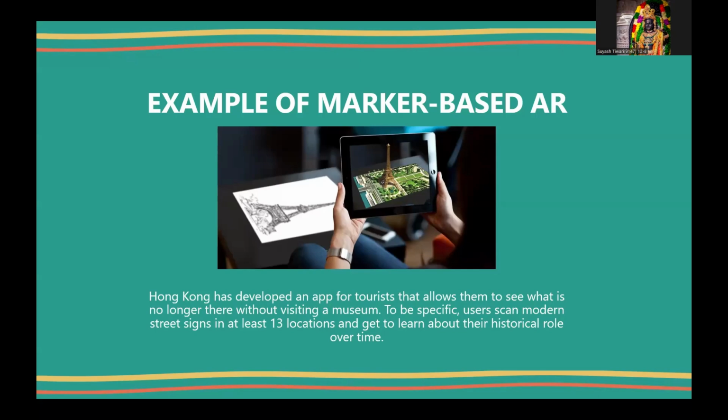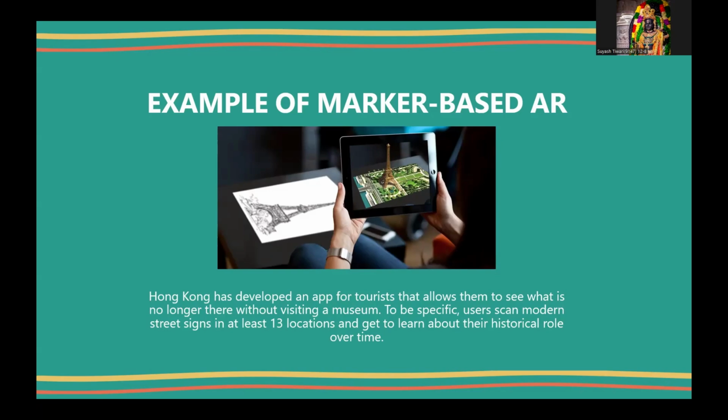With the help of that 3D model, the person can get to know about the historical background of that particular thing, or the materials which have been used for the creation of that item or monument.